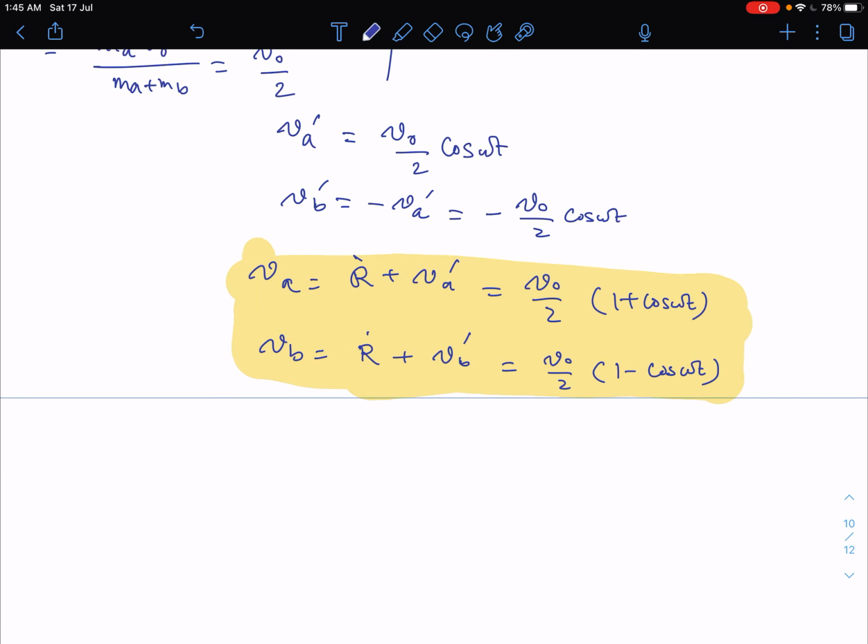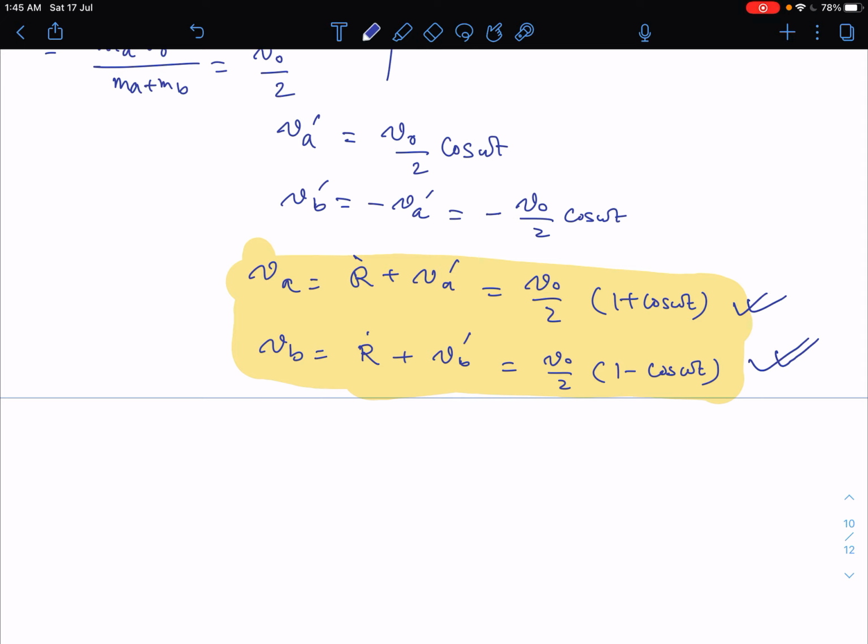So that means the masses move with half of the velocity, but whenever VA is maximum, VB is minimum. That is clear from these expressions. And whenever VA is minimum, VB is maximum.